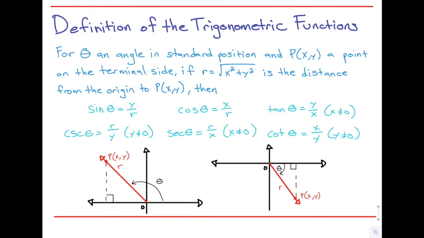And remember, I've got these two figures for two angles theta that land us in different quadrants. And also remember that it doesn't really matter where P(x, y) is so long as it's on the line created by r, the slope of r, and the origin.